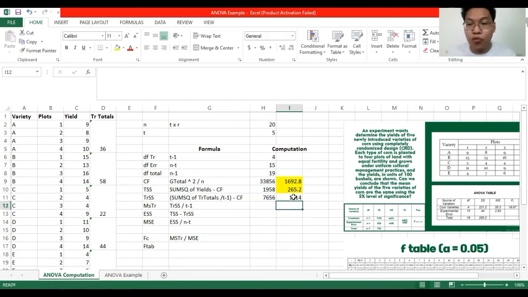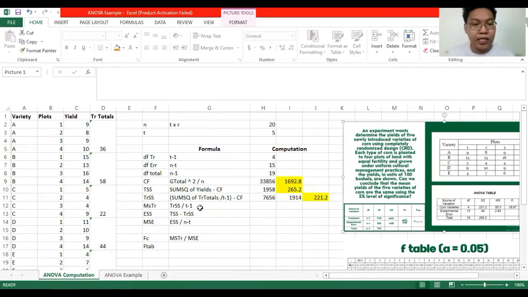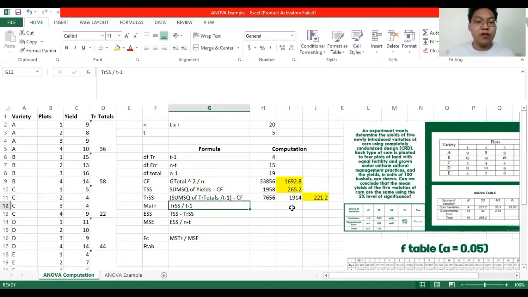So we will arrive with 1914, and once again we need to subtract the correction factor. From this value, we subtract the correction factor, which gives us 221.2, which is also similar to what we computed manually. Okay, so the next steps are pretty much easier than these 3 factors.